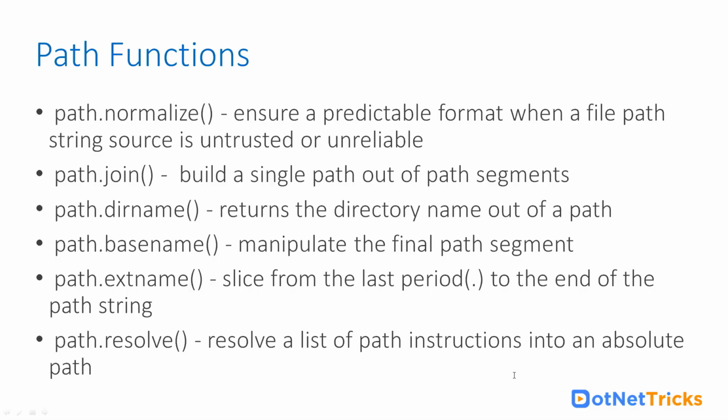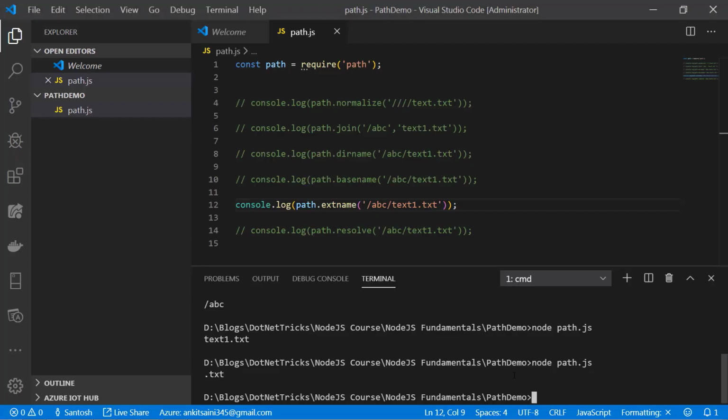It will try to resolve the list of paths to an absolute path. Now what do we mean by absolute path? My absolute path starts from, for example, here I have kept the entire code in D directory. So my absolute path should start from D.